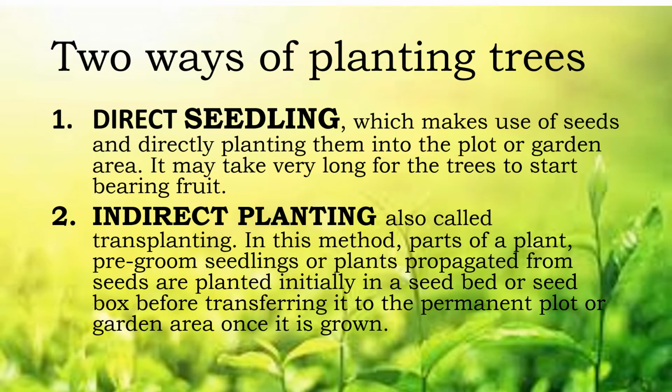So, this is the problem in direct seeding, kasi buto yung ginagamit nila. The problem in this method is it takes very long for the trees to start bearing fruits. They can take more than a decade to bear fruits, and the quality of the fruits may not be the same as those from which the seeds were taken.